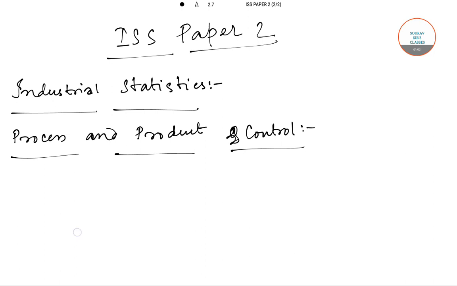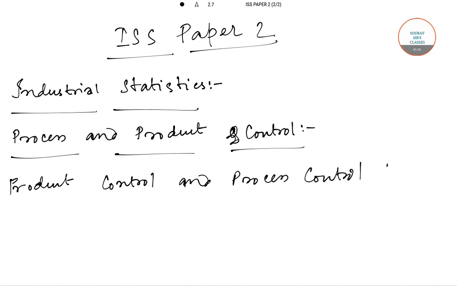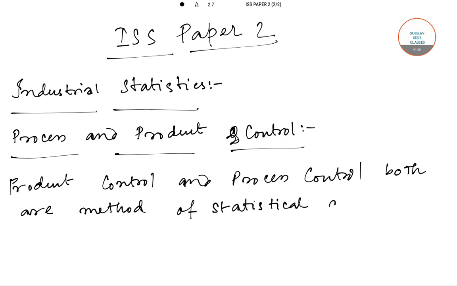So we can write that product control and process control both are methods of statistical quality control.